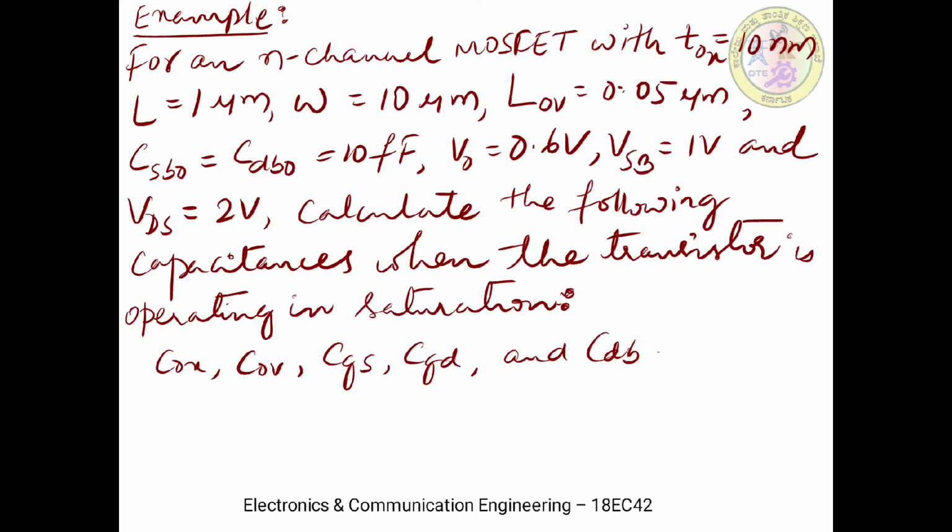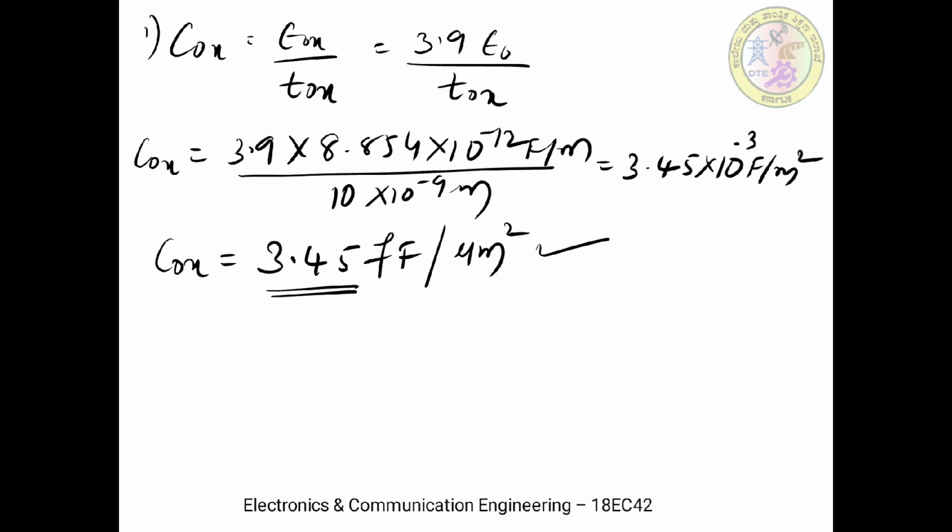Next we have to calculate the overlapping capacitance, C overlap. Overlap capacitance is equal to W into LOV into C oxide.